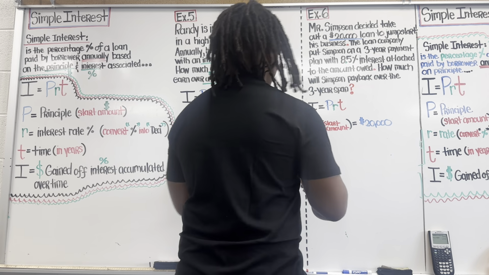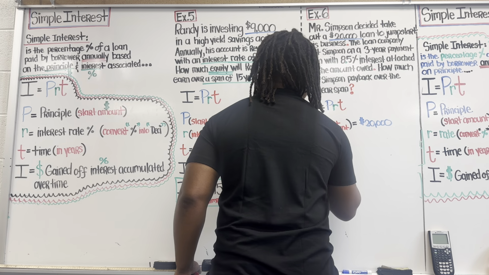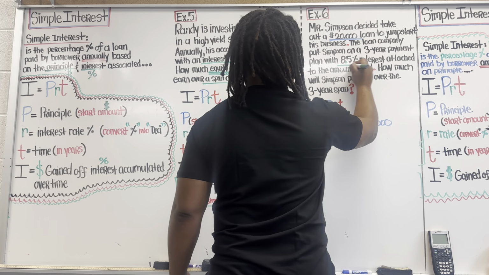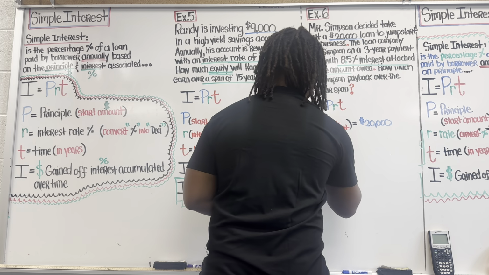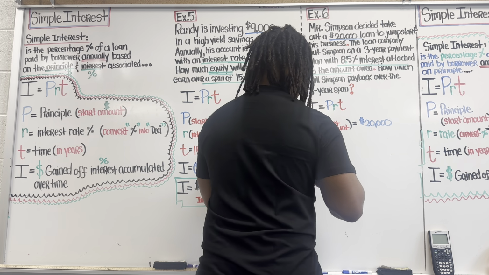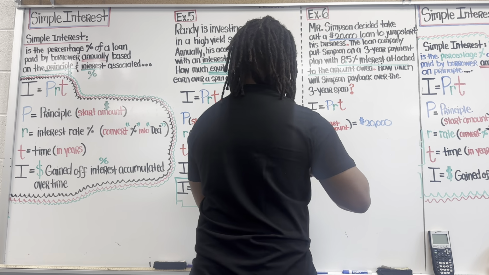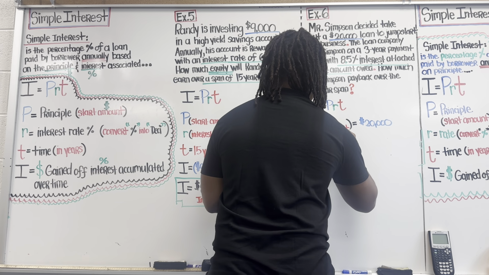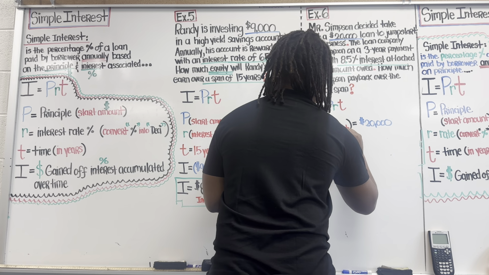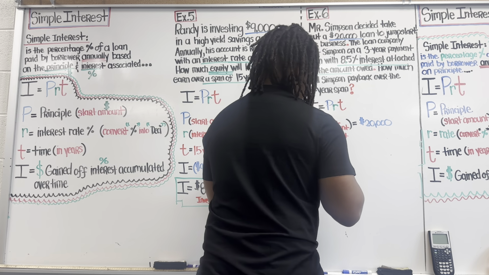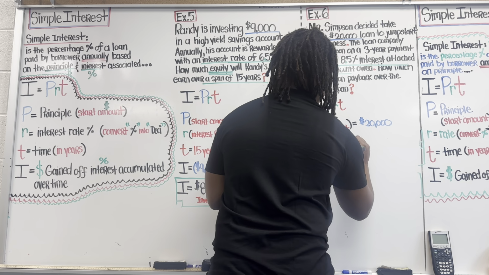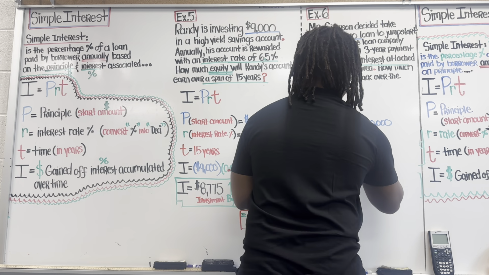So the interest rate that's going to be added annually is 8.5%. Once again, R represents the interest rate, which is 8.5%.